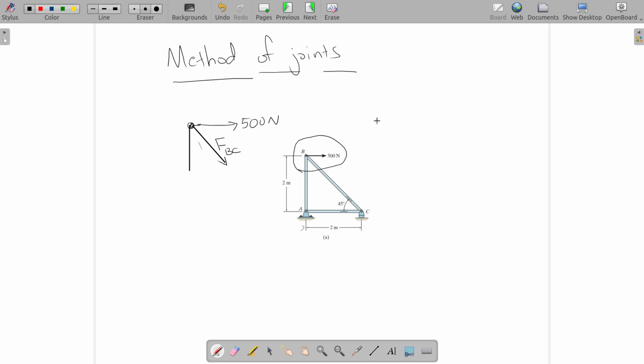So what is a tensile force? Tensile force is the kind of force you have on a rope. So it's always away from the joint. So on BC you have it in this direction.